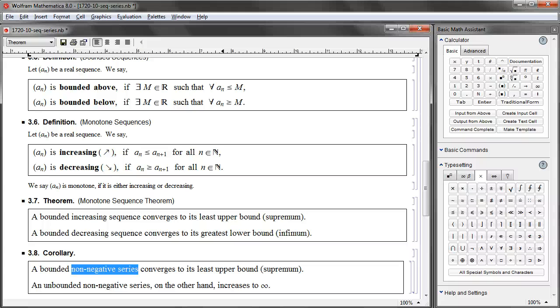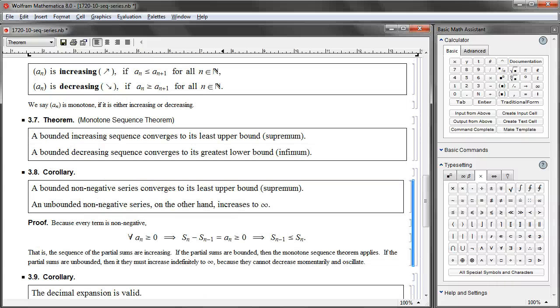Consequently, any bounded non-negative series is equivalent to a bounded, increasing sequence of partial sums, so we have to have a convergence.